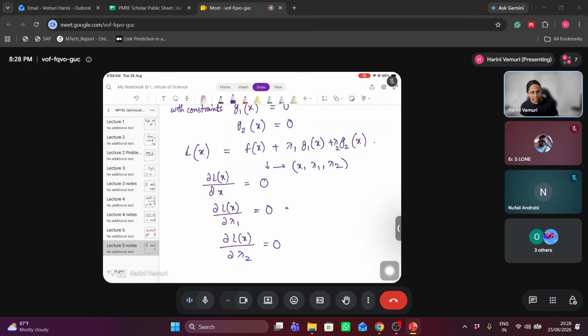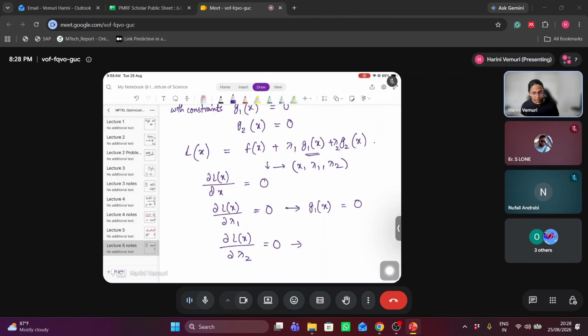So why are we taking these two? Initially only x is our variable, right? Why do we have lambda 1 and lambda 2? If we see dou L by dou lambda 1, we will get g1 of x, because only lambda 1 is here, right? So that means g1 of x is equal to 0. That's our constraint.